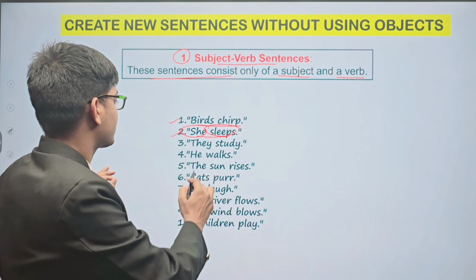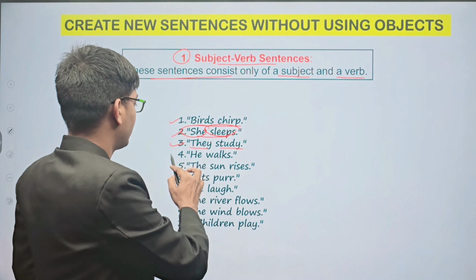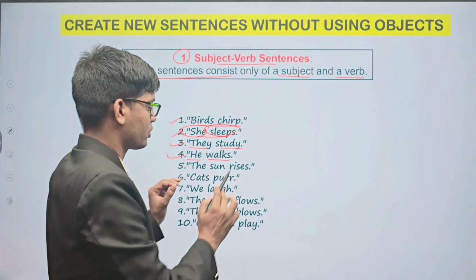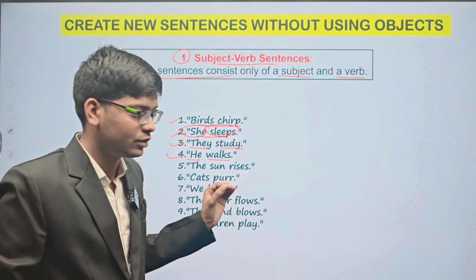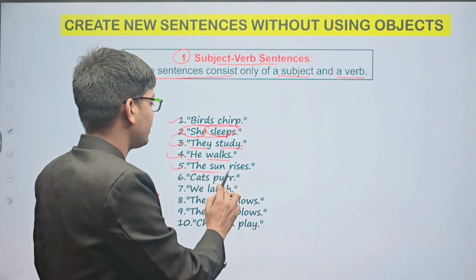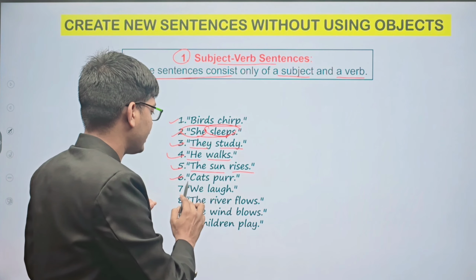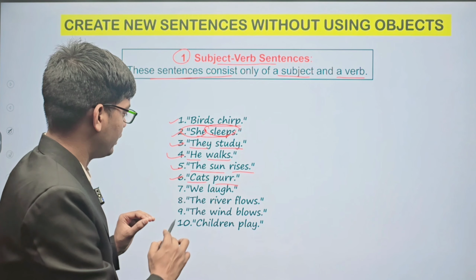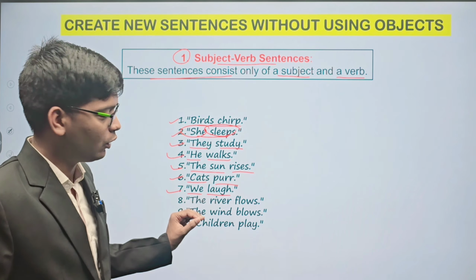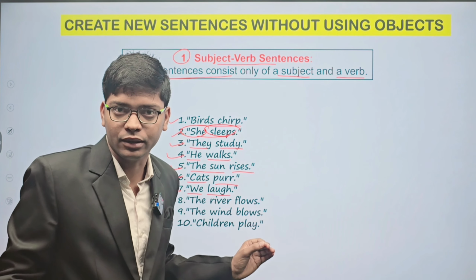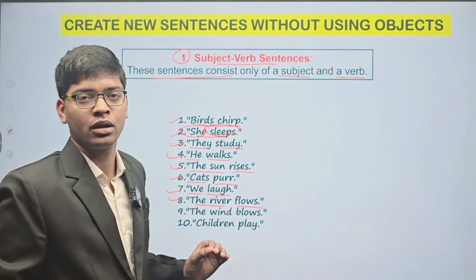Next, they study: subject and verb. Next, he walks. He is a subject and walks is the main verb here. The sun rises. Cats purr. Next, we laugh. We is a subject pronoun here and laugh is the main verb here. Next, the river flows.